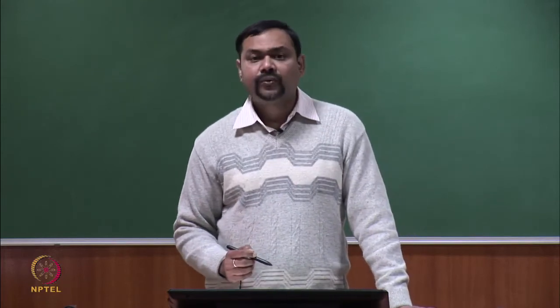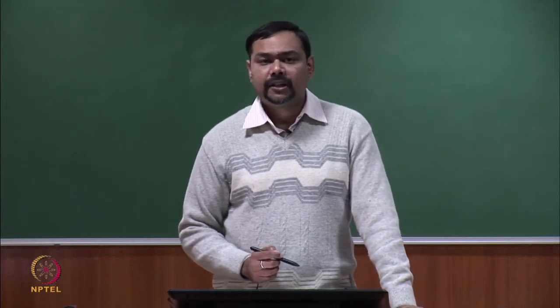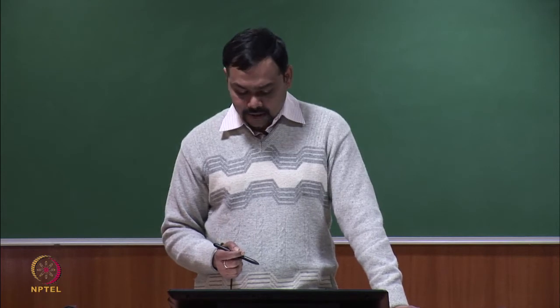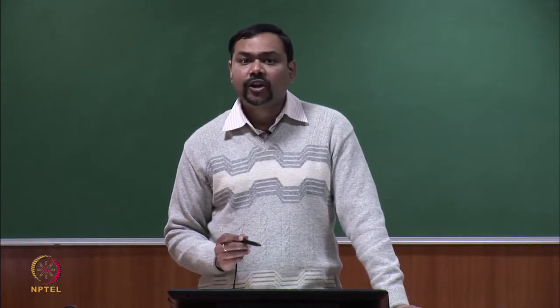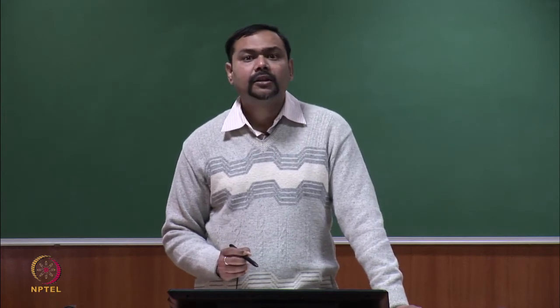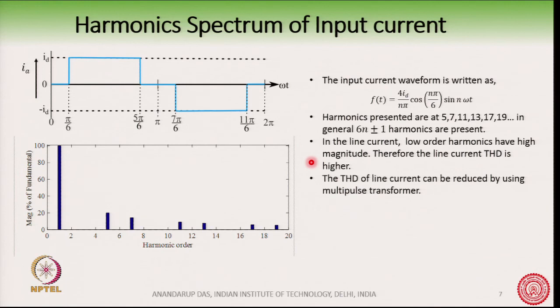One way of taking care of this is using a multipulse transformer, that is, more than a 6 pulse transformer. We will study one of these, the 12 pulse transformer, and then subsequently higher pulse transformers also.